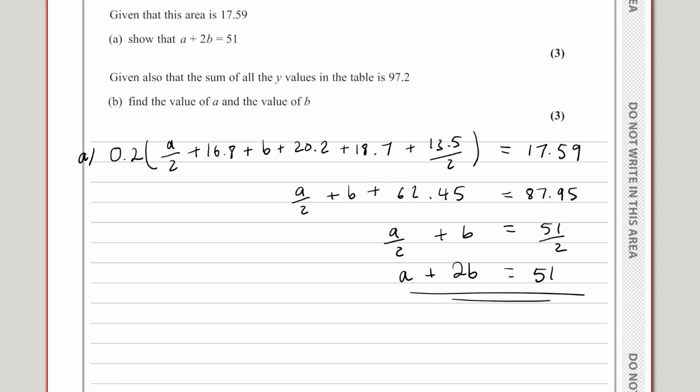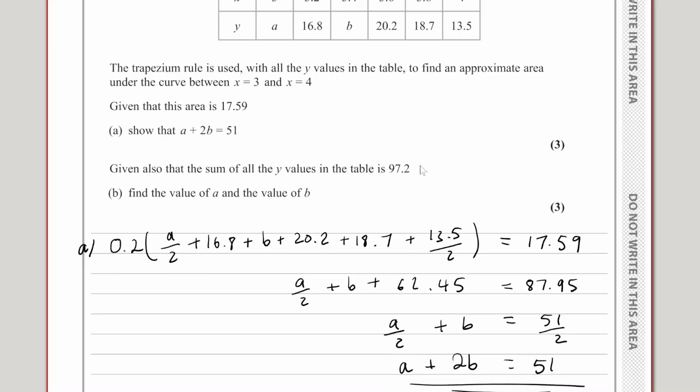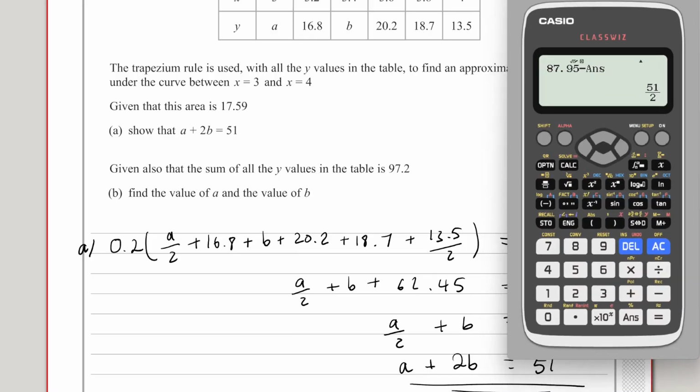Given also that the sum of all the y values in the table is 97.2, find the value of a and the value of b. So the sum of all of them is 97.2. So we've got a and b. We've also got 16.8, 20.2, 18.7, and 13.5.